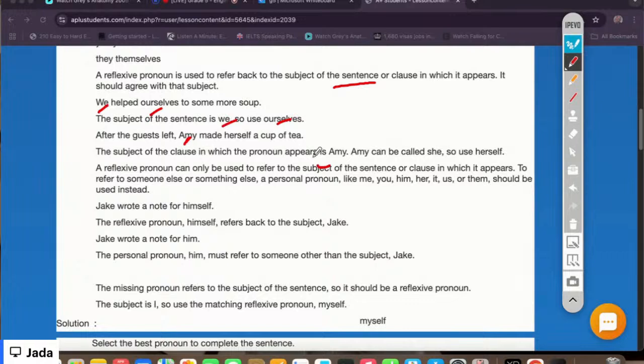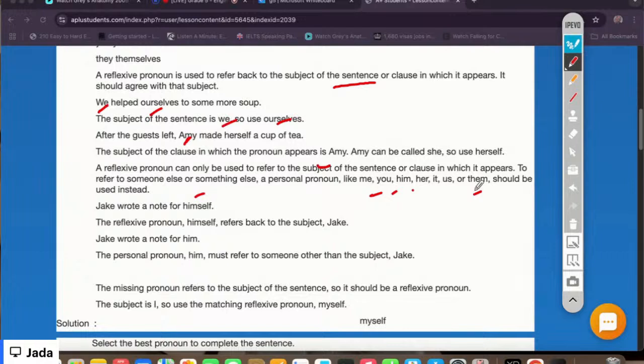A reflexive pronoun can only be used to refer to the subject of the sentence or clause in which it appears. So, to refer to someone else or something else, a personal pronoun like me, you, him, her, it, us, or them should be used instead. If you want to refer to someone else, you have to use the personal pronoun.